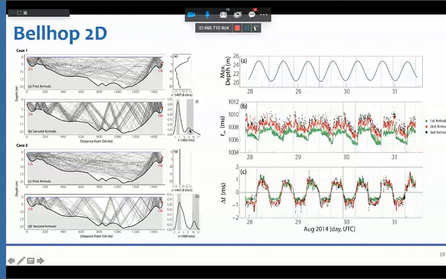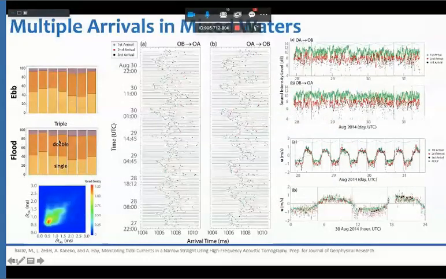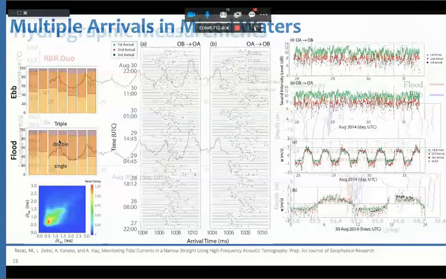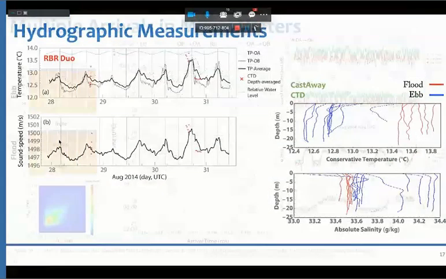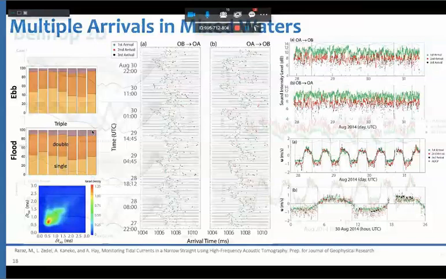And the ratio between the second arrivals and the first arrivals is not really right, because almost 40% have one peak and 40% have two peaks, which means this peak should be around here. So the 2D model was not enough.